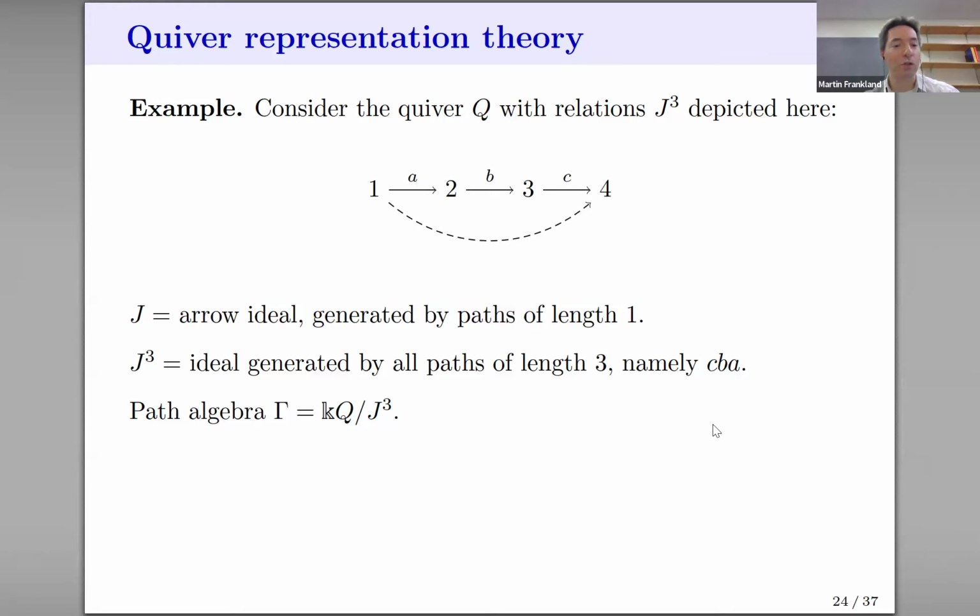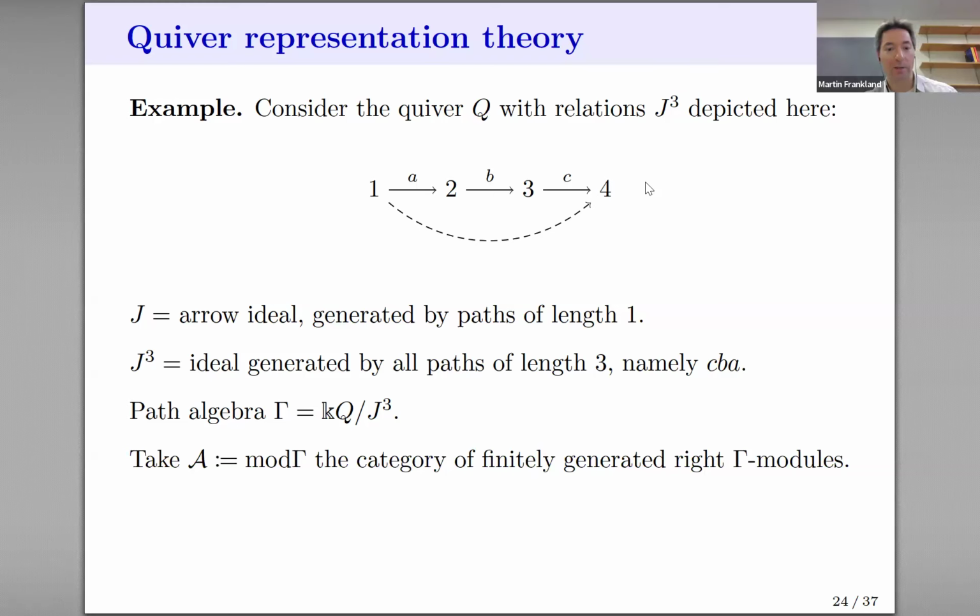In other words, J here is just my arrow ideal, the two-sided ideal generated by paths of length 1. Its cube is the two-sided ideal generated by paths of length 3, but in this case, there's not much room for paths of length 3. It's just killing the path from 1 to 4, CBA, that's this path there. So we're killing that. And the quotient is a path algebra for this quiver with relations. K is just some base field, doesn't really matter here.